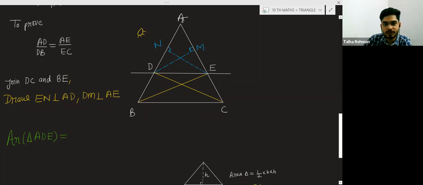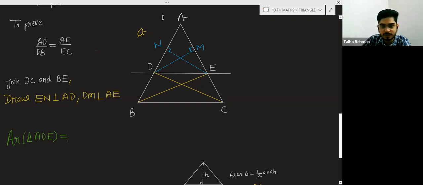See the triangle ADE. We have this height, and this height will be perpendicular to the base. This is the height EN, and this is the base. I can also say that this can be the base of the triangle, but you should have the height from point A to this point. But we have the height from point E to this AD. This height EN is perpendicular to AD.